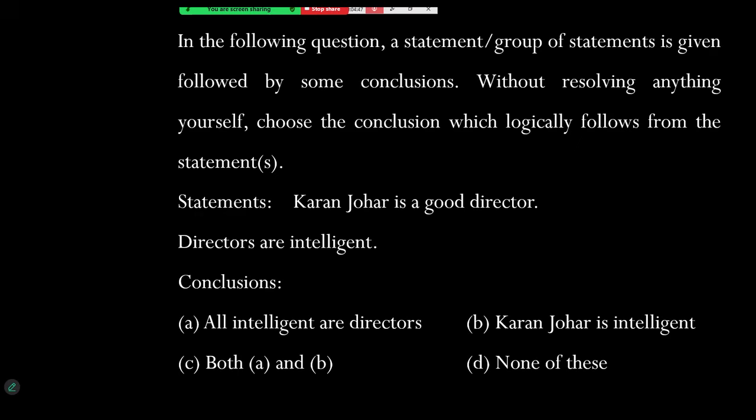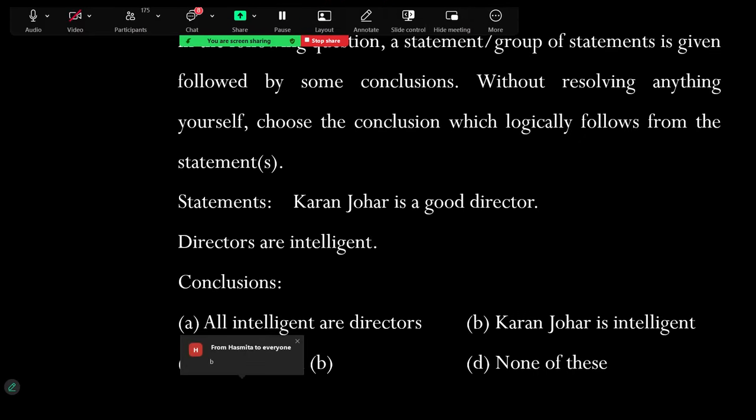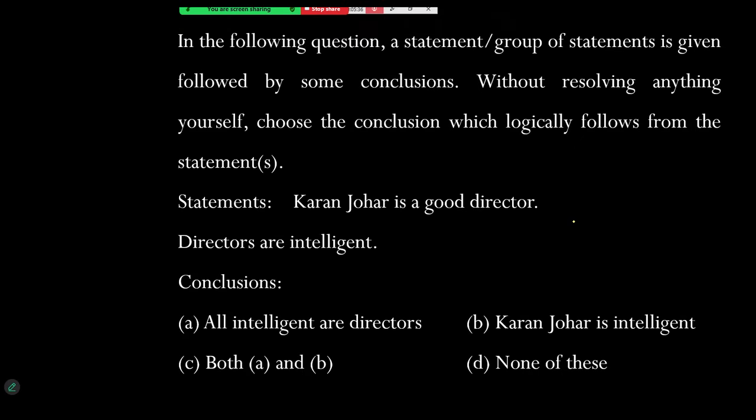Karan Johar is a good director. Directors are intelligent. Which conclusions are true? You check which conclusions are true among these. Yes, Karan Johar is a good director.